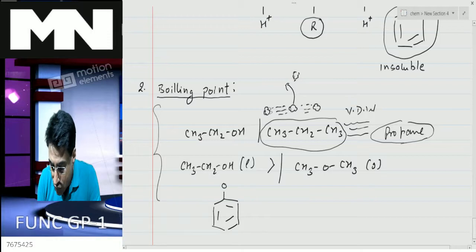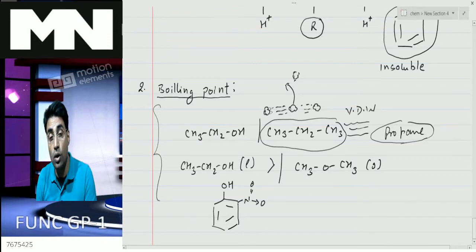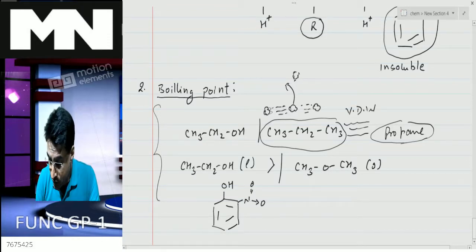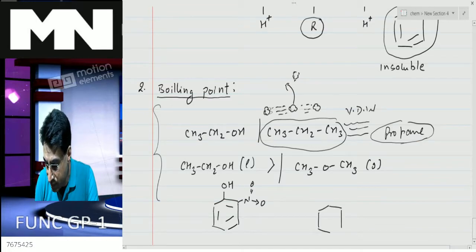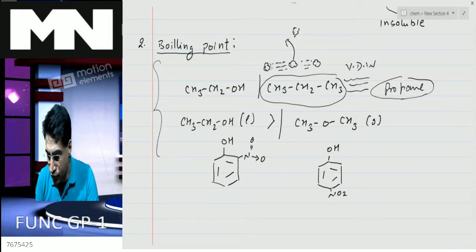I have this compound, this is ortho-nitrophenol. I have another compound like this, and it is para-nitrophenol.